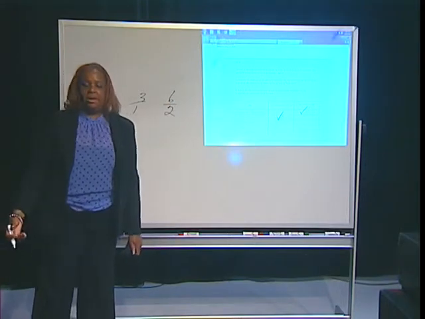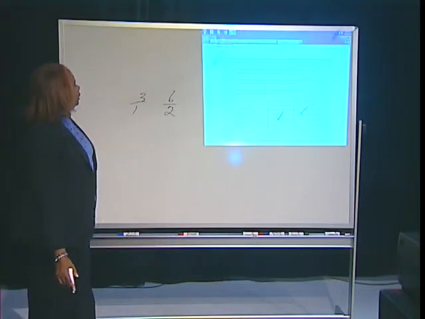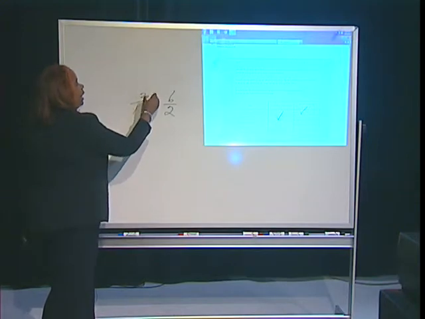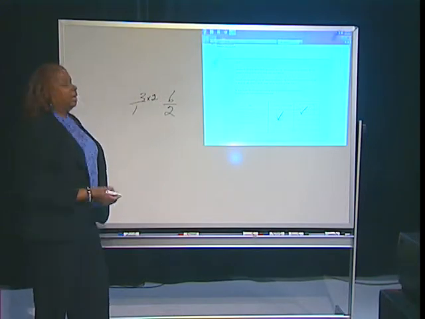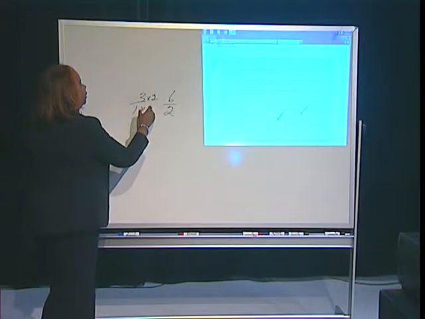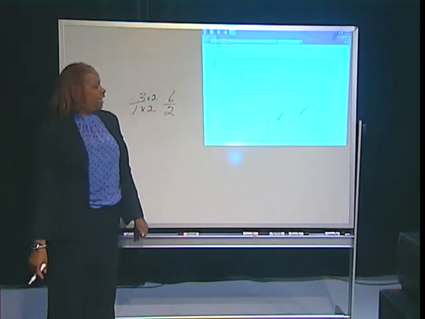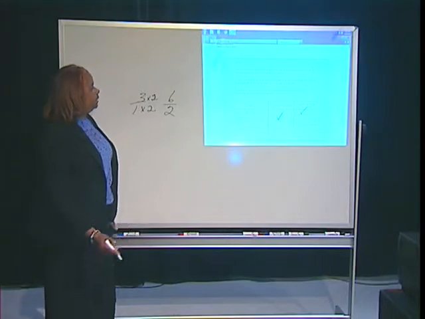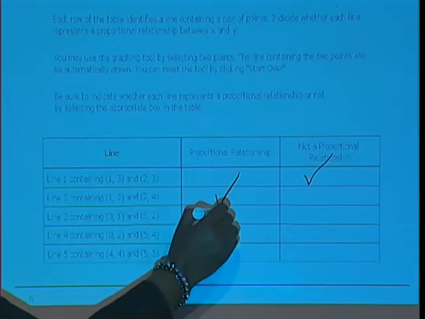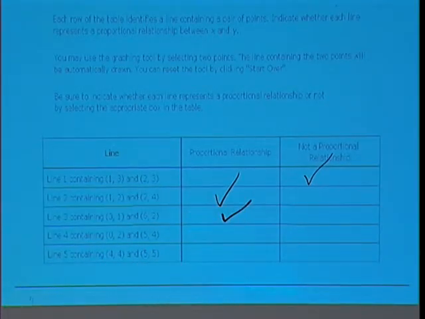I take a look at each. If I multiply the numerator by 2, multiply the denominator by 2, 6 over 2, yes. Again, line 3 is a proportional relationship. So I will also check that off.